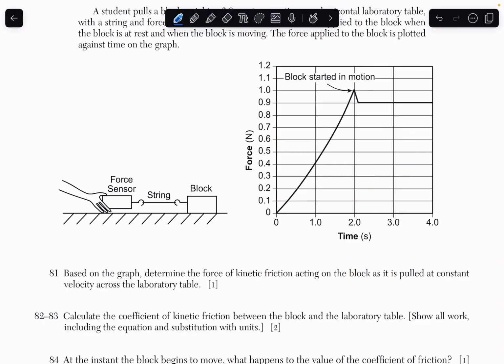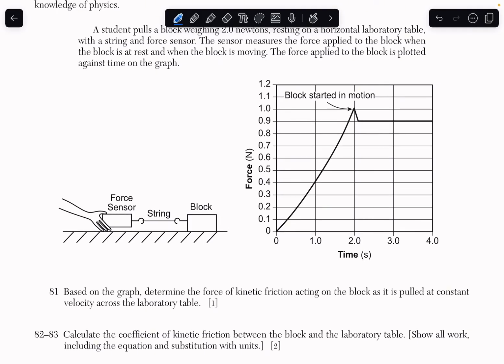So the graph here shows us the relationship between the force applied and the time. And we could see that the constant velocity begins around here. This is where that happens. And that's because it's a straight line and the force doesn't fluctuate. It's just constantly at 0.9 newtons. And when something moves at constant velocity, that means the applied force is equal to the frictional force.